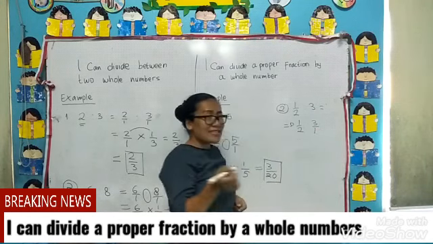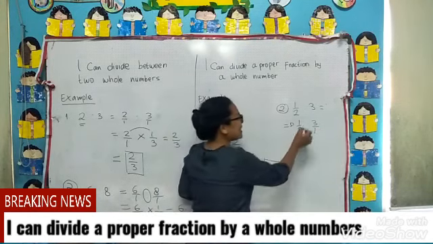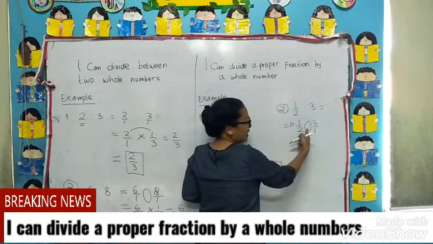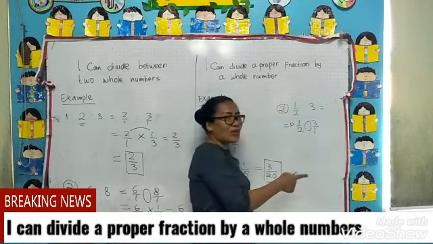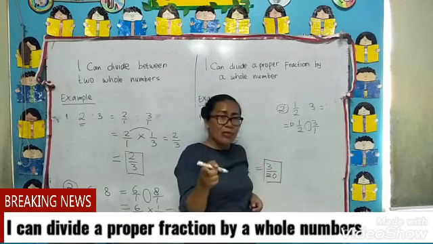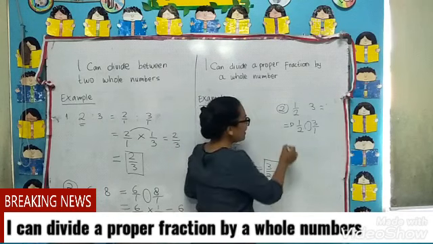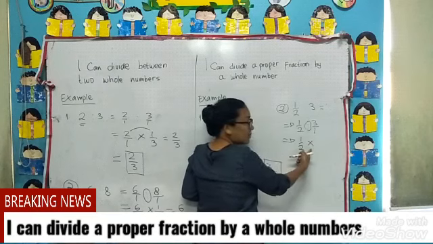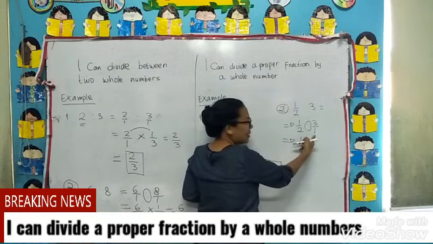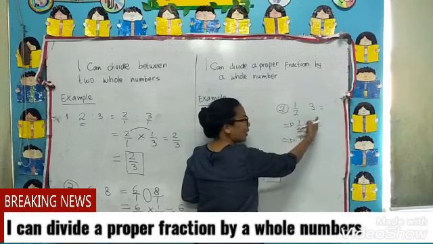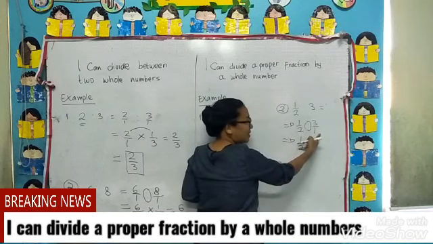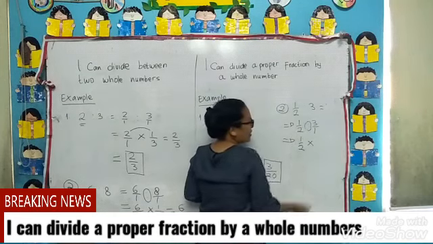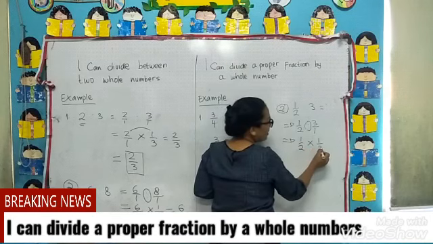And then the next step, we change the sign. Division, we change into multiplication. So this means a half multiplied by, do you remember that the denominator we change with the numerator, and the numerator we change to be the denominator? So this means 1/3.